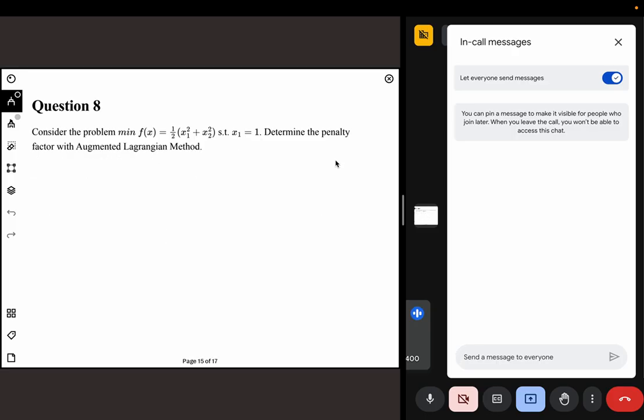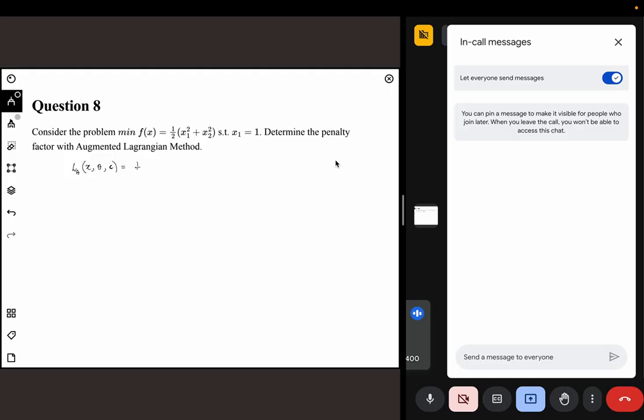Now let's say you want to solve the same problem using the augmented Lagrange method. So what would be my objective function in the case of augmented Lagrange? It is going to have x, it is going to have theta, and then you also need to have the penalty parameter c.